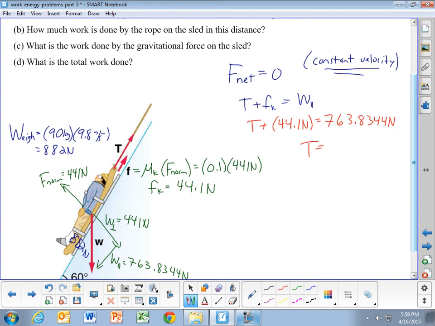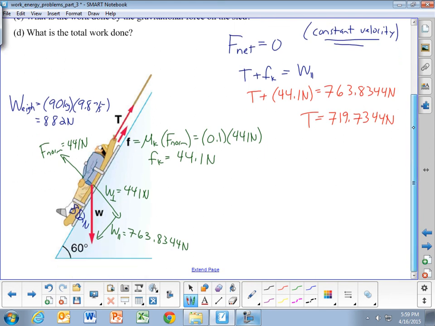So that gives me that the tension is 719.7344 newtons. Okay, so this is a problem where we had to use Newton's laws to figure out some of the unknown forces.